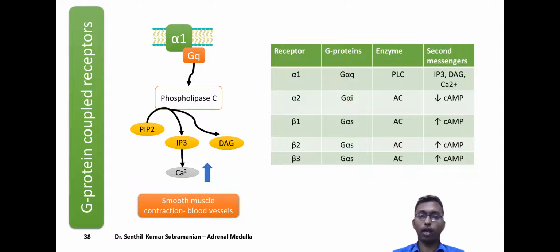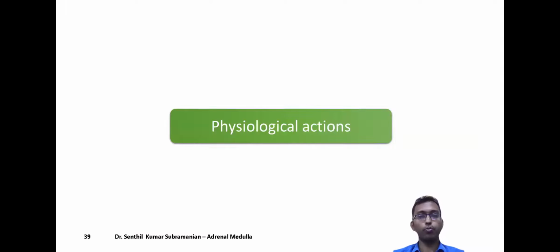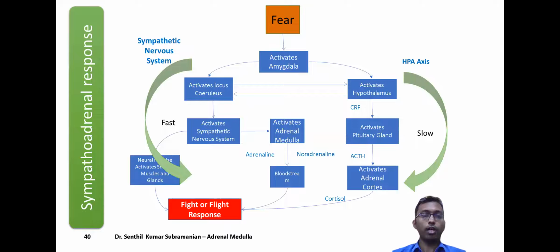Now let us move to the physiological actions of catecholamines. The catecholamines secreted from the adrenal medulla work hand in hand with the sympathetic nervous system and with the cortisol secreted from the adrenal cortex through the hypothalamo-pituitary axis. All these limbs work together and prepare the organism, or humans, for the fight or flight response.